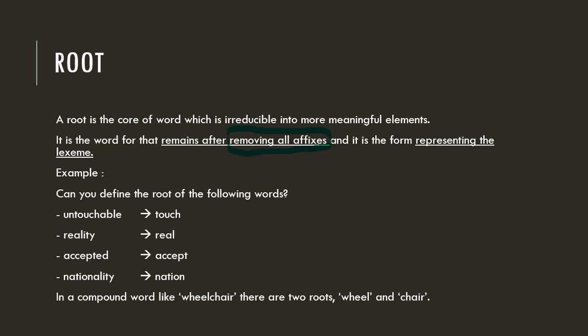So we will get the root. And the root represents the lexeme. I hope you still remember the term lexeme. In the previous meeting, we talked about lexeme. It represents the abstract concept in our mind, and it also can be the core meaning of a word.